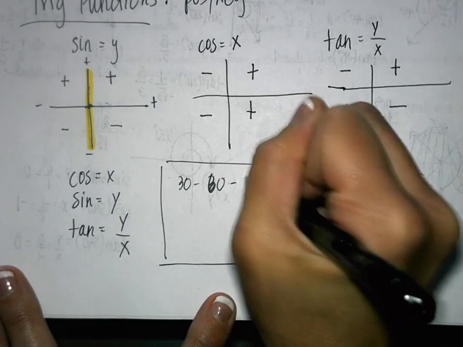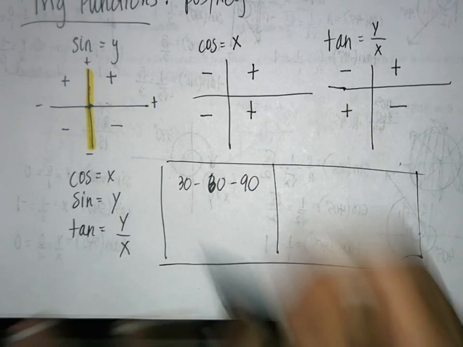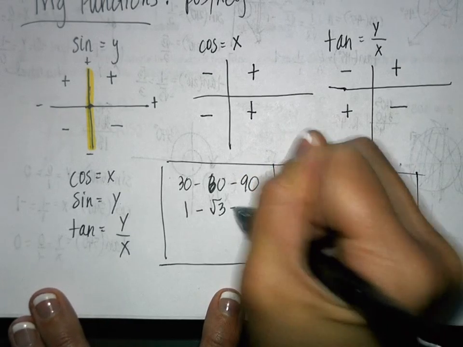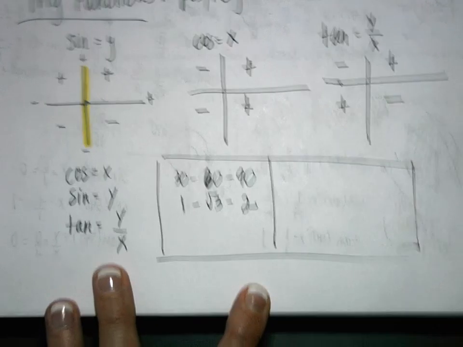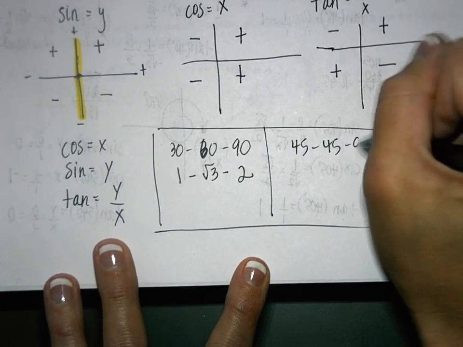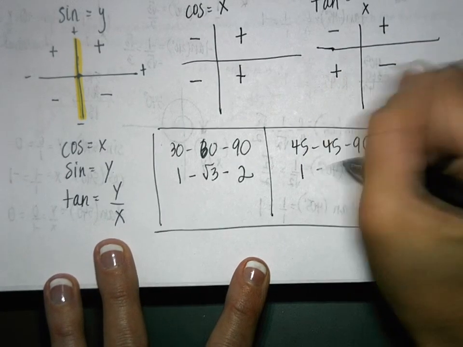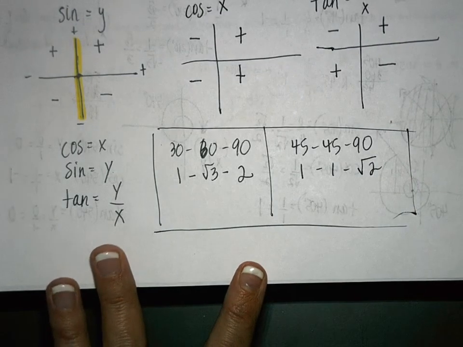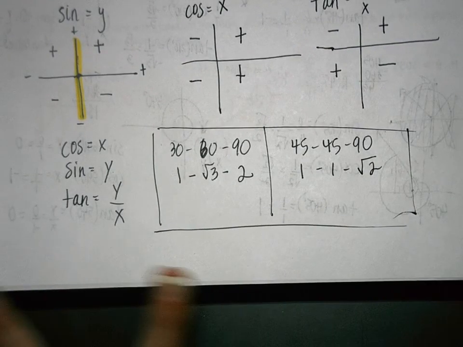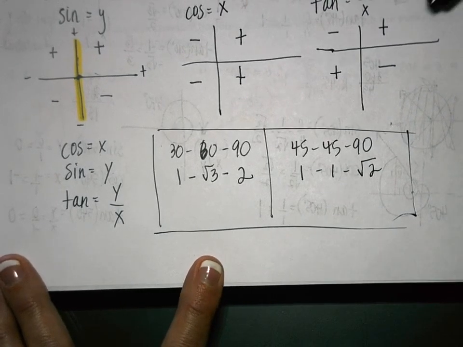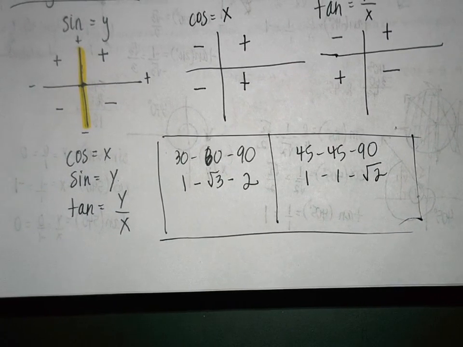Remember that 1 goes with 30, root 3 goes with 60, and 2 goes with 90. In your 45, 45, 90 triangles, 1 goes with 45, 1 goes with 45, and root 2 goes with 90. All of these things are things that you're going to want to remember. So real quick, back to example J. Does everybody have all this?